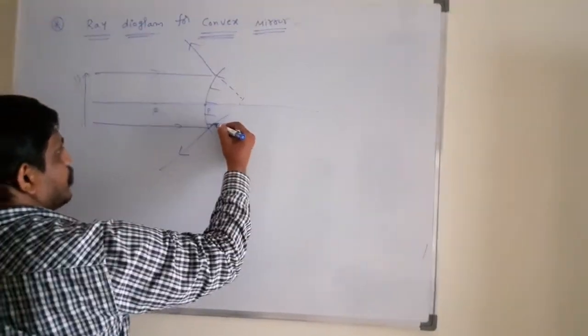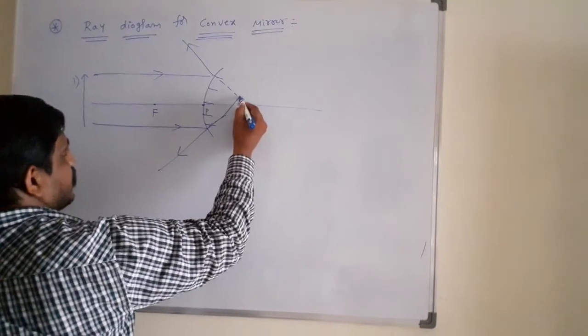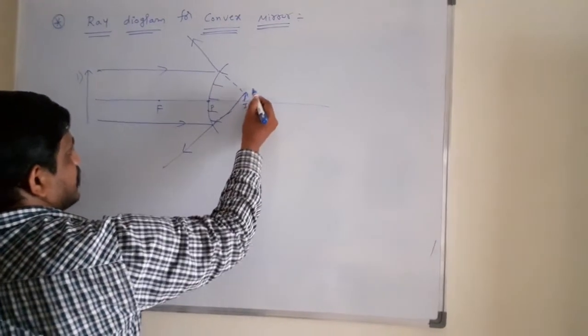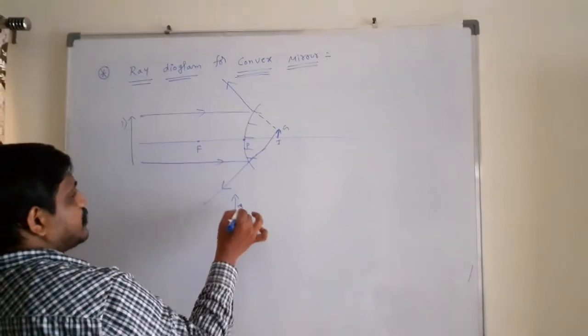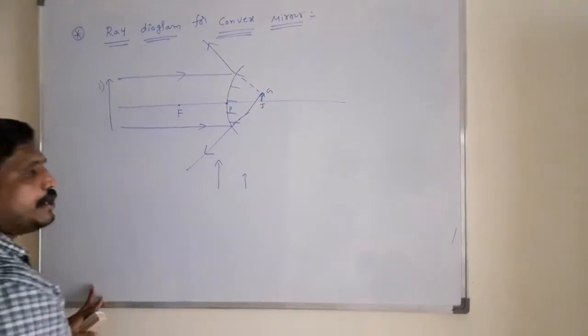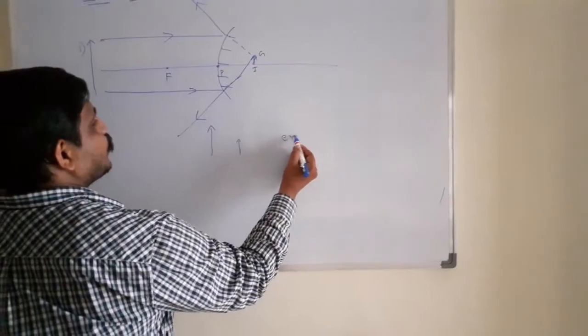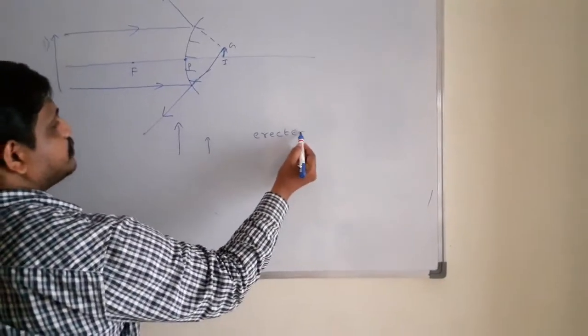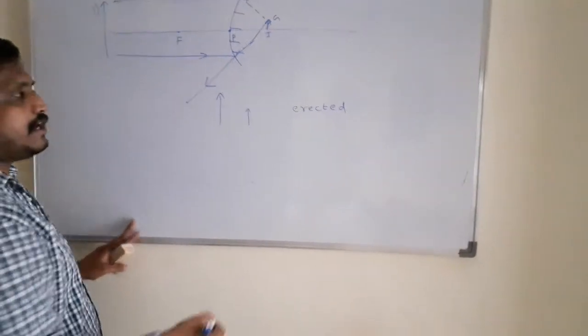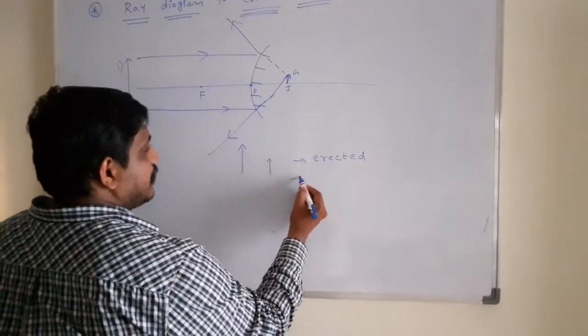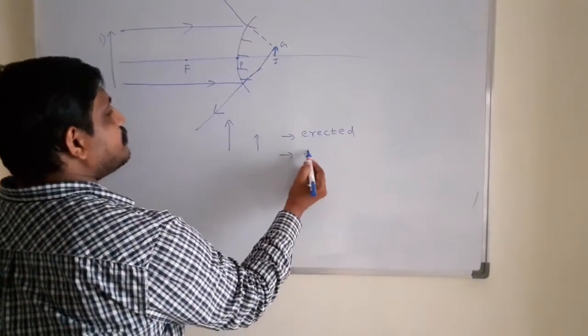Extended, nana. Look here. Here, final image is formed. This is the object, nana. This is the image according to microscope. Here, both are erected. That means image and object same. That is called erected image. And again, this is called diminished image, nana.